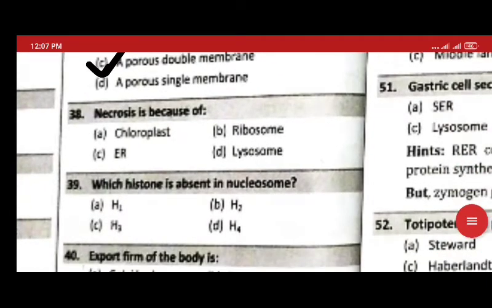Now nucleus is enclosed by, so nucleus is enclosed by what? Porous layer, and nucleus is double layered, so this C is the right option. Now necrosis, so necrosis means damage, so lysosomes make damage, so 38 D is right.